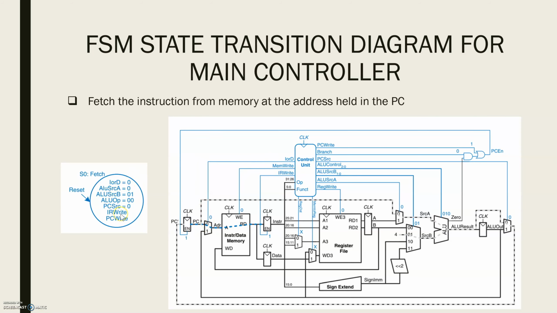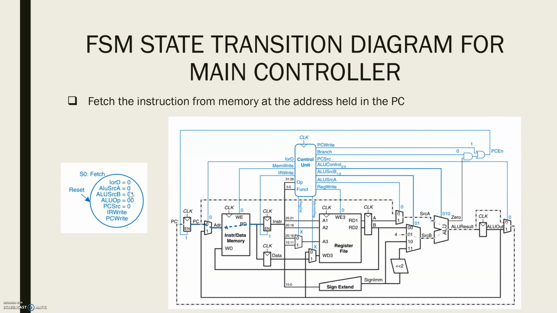The IR write signal will be asserted to write the instruction into the instruction register IR. Meanwhile, the PC should be incremented by 4 to point to the next instruction. Because the ALU is not being used for anything else, the processor can use it to compute PC plus 4. At the same time, it fetches the instruction.